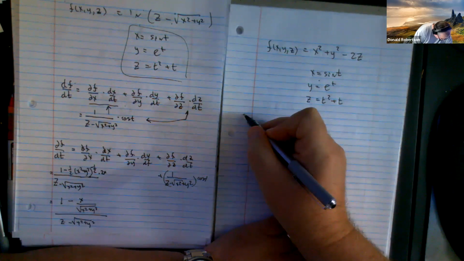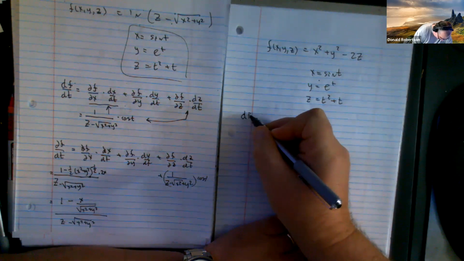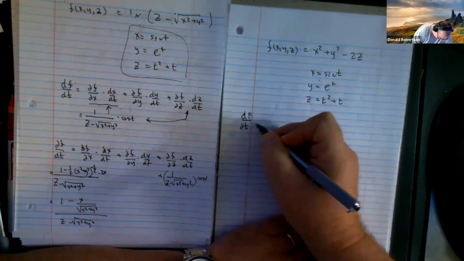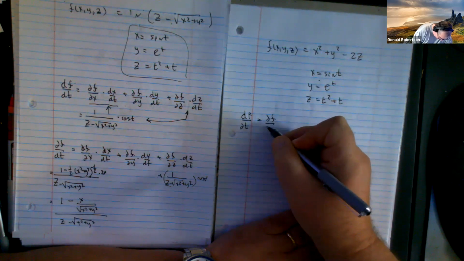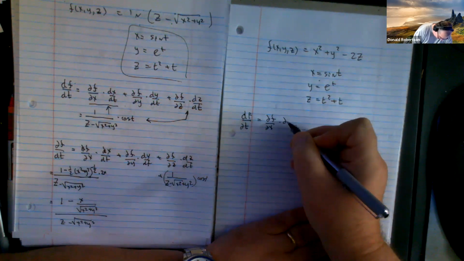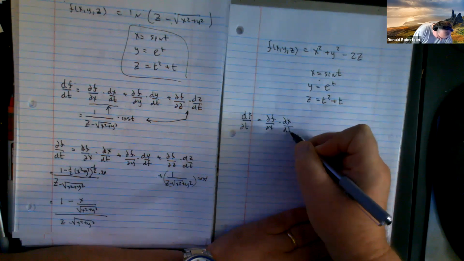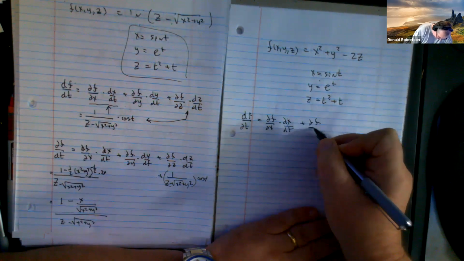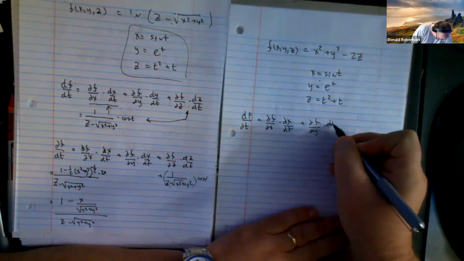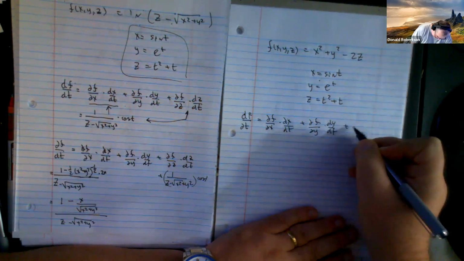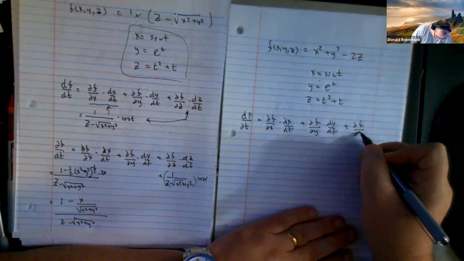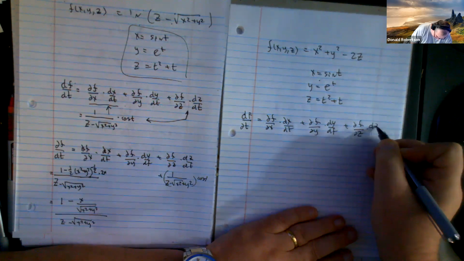And the derivative of f with respect to t then is the partial derivative with respect to x, dx by dt, plus the partial derivative with respect to y, dy by dt, plus the partial derivative with respect to z, dz by dt.